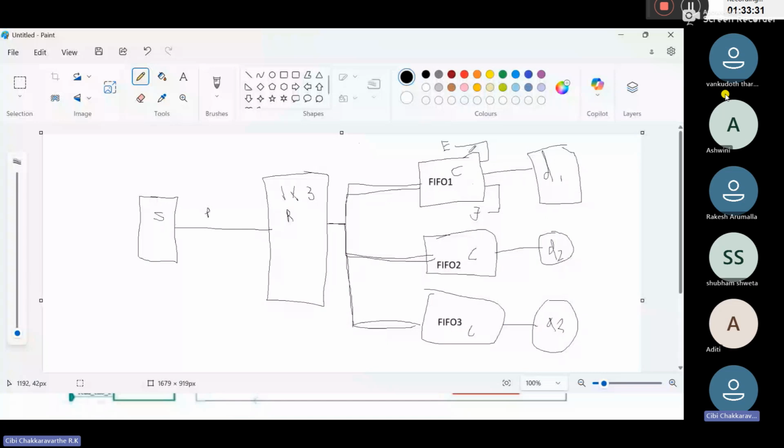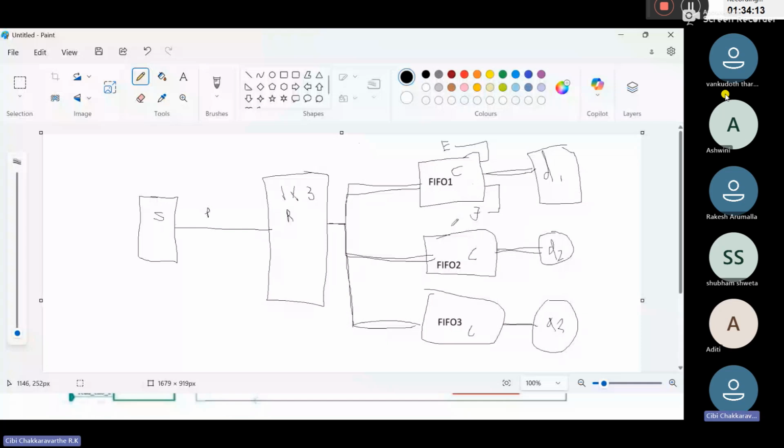I told you to consider each FIFO as a computer, but actually it is not like that. There is a small alteration: the destination is separate, our FIFO is not the destination. Our FIFO is going to communicate with the destination. The rest is all the same. We may expect different data at different times, so we need three FIFOs to communicate with three destinations, but each destination is separate from its FIFO.